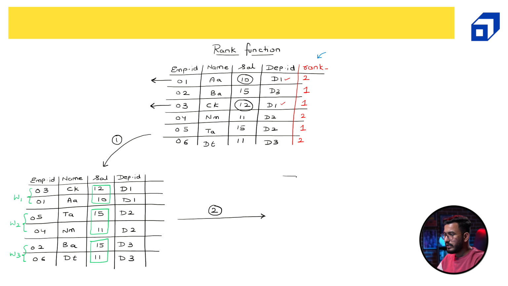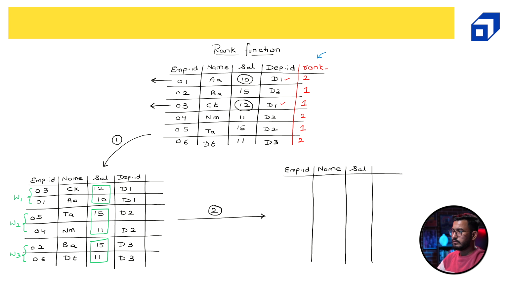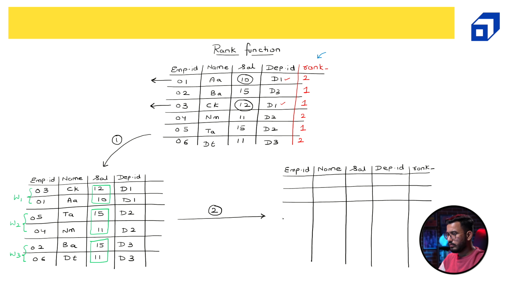So let's generate the stage number 2 output: employee ID, followed by name, followed by salary, followed by department ID, and the additional column, which is rank. Again we have 6 records. So 01, 02, 03, 04, 05, 06.